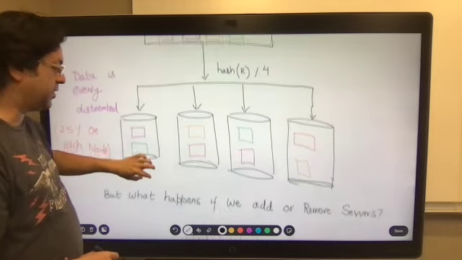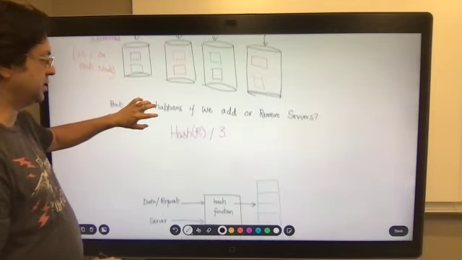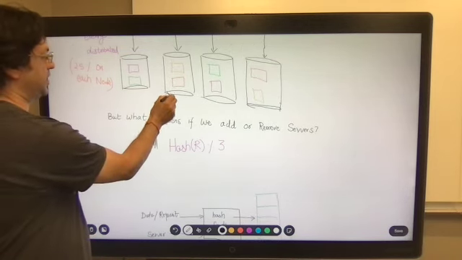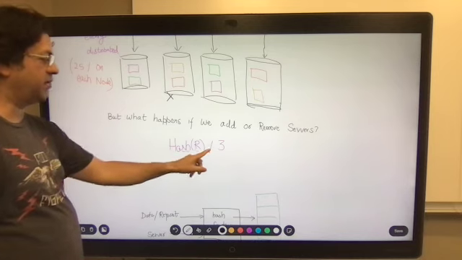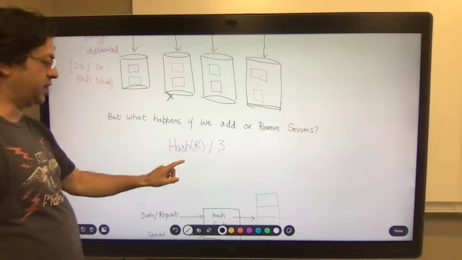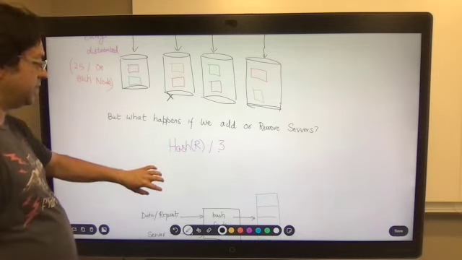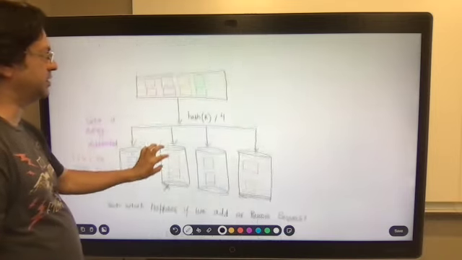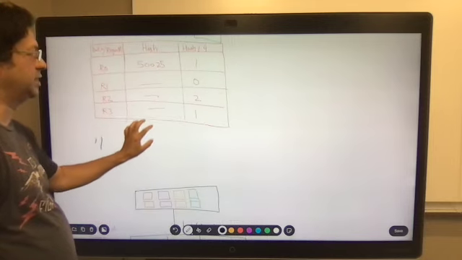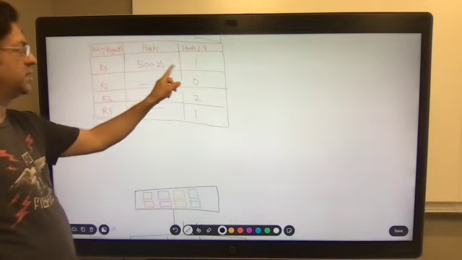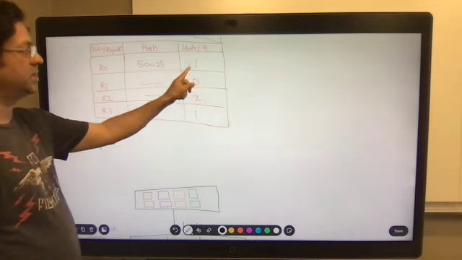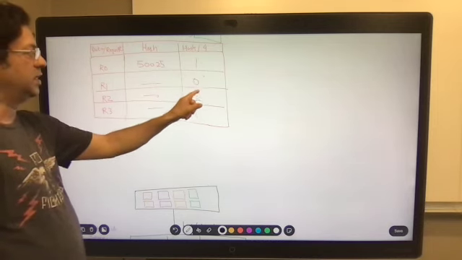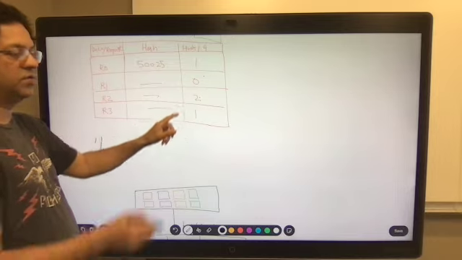But what happens if we add or remove servers? Let's say one server has gone bad here. Then we have this number as 3, and if we take modulo of that number, all the numbers would be different in this table. So the request which was going to the first server would now go to some other server, and the request which was going to the second server would go to a different server.